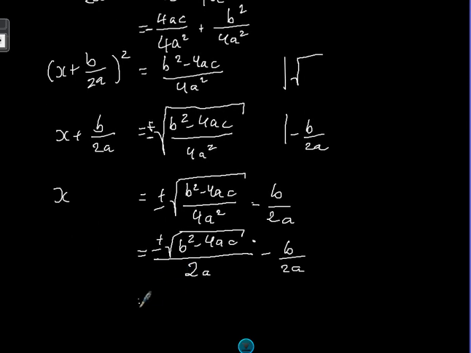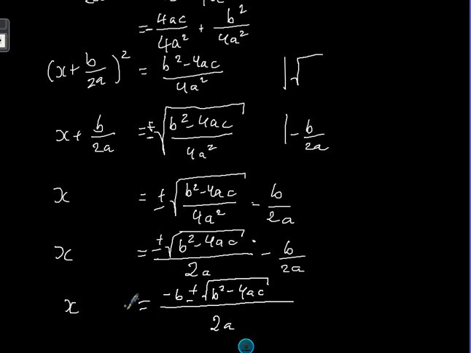So I can rewrite it all on one line, on one fraction. I'll take that negative b, write it first, and then plus minus the square root of b squared minus 4ac, all of that under the square root. Let's copy out the x here, and I'm done. I have solved my equation for x.